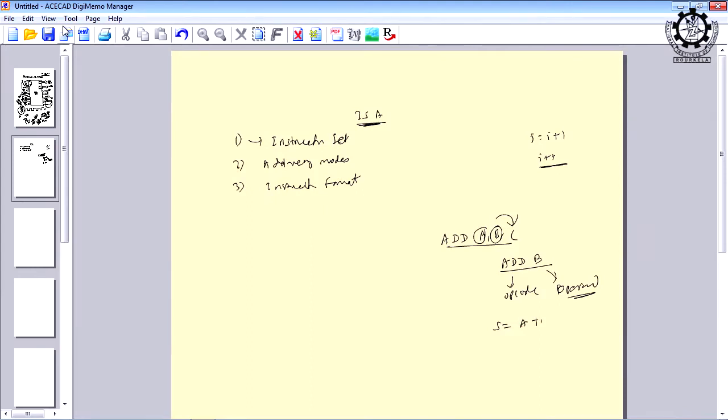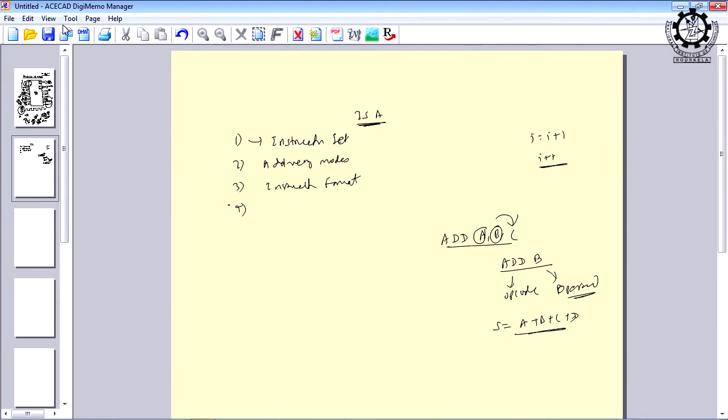Even if you have to add a very big summation, for example, S equal to A plus B plus C plus D, how many instructions will be required? 4 at least, because everything you have to store in registers, they are the variables, you have to assign the registers. Anyway, that we shall see afterwards, but instruction format plays a very important role.